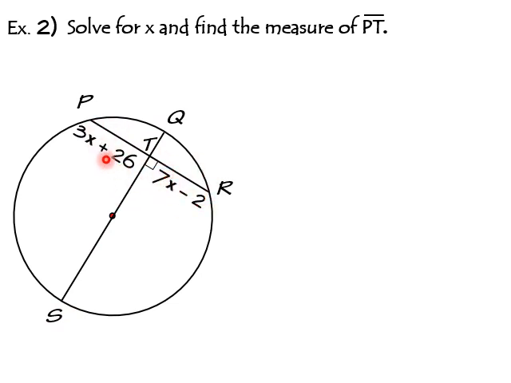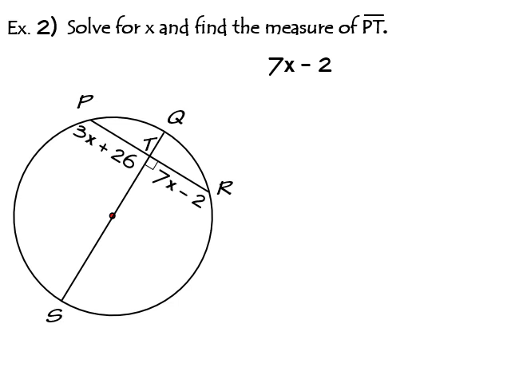So we can say that this side and this side are equal to each other. So we could set it up as an equation. And I generally like to put the bigger x value on the left side to come out with a positive x value, because it makes it easier to solve. So let's take a look at how I set it up.